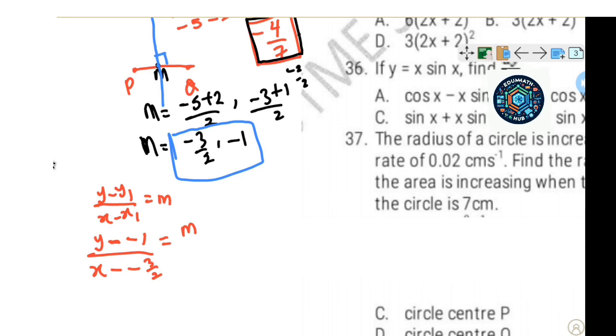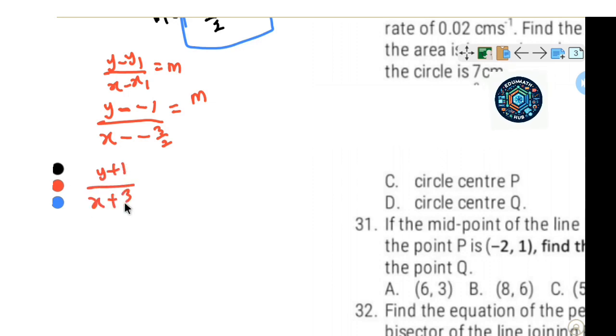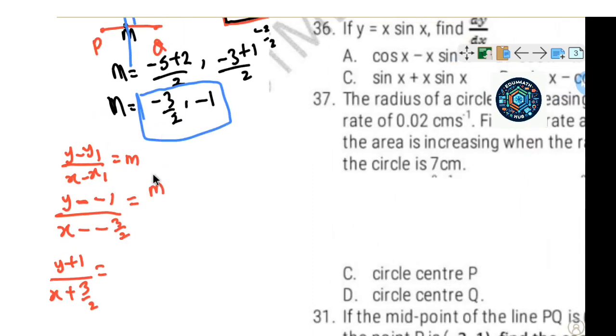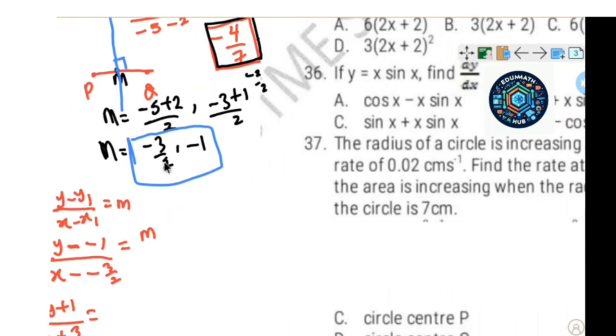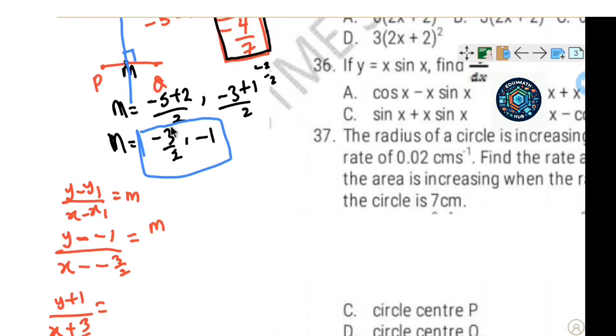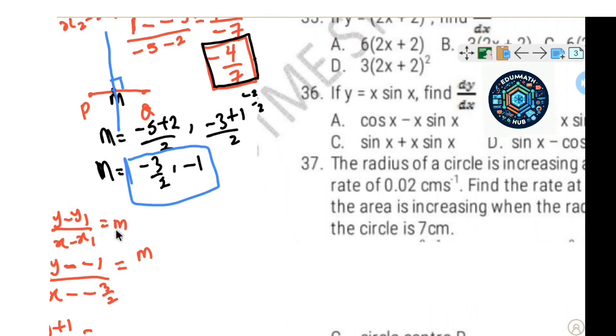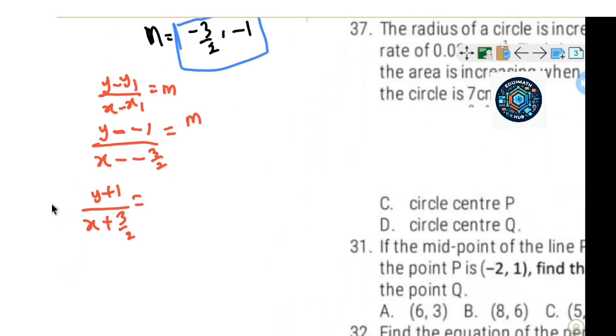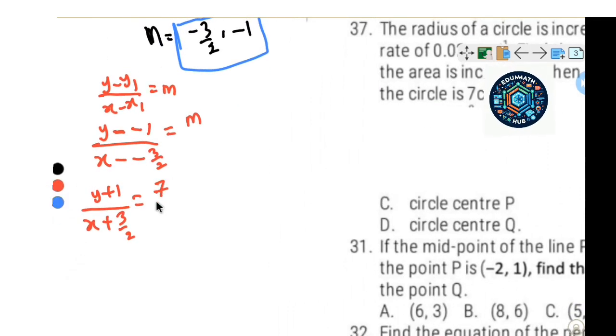So this one will give you y plus 1 divided by x plus 3 over 2 is equal to m. We already know what m is. M is the reciprocal of 4 over 7, which is 7 over 4. So you plug in 7 over 4 here.